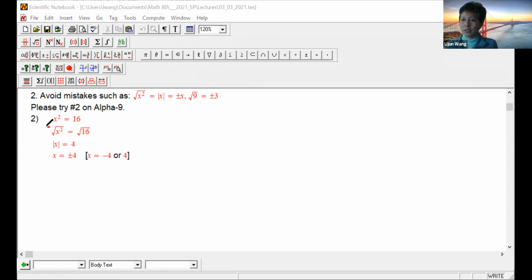So when I grade your work, this part will be 2 points, and this part is 1 point. From root 16 to 4, that's 1 point. And the last step, from root absolute value of x to 4, from here to there, that's 2 more points. So this question, you will earn a minimum of 5 points.